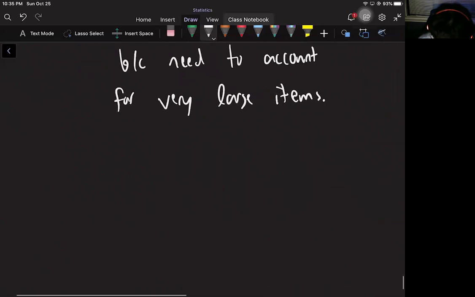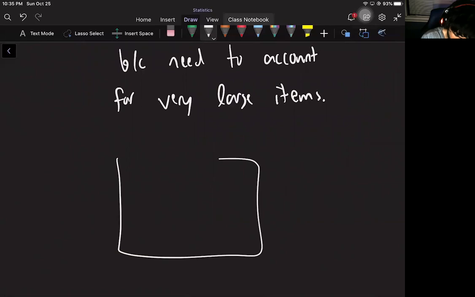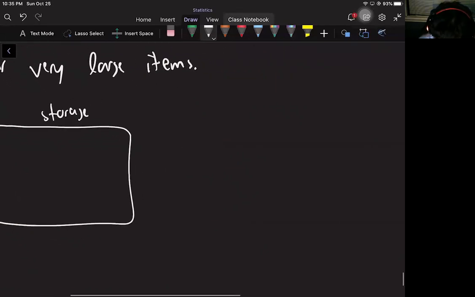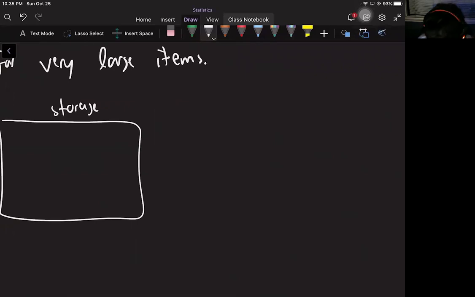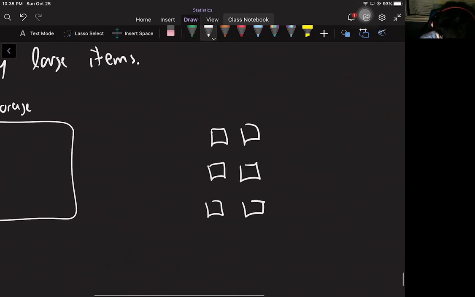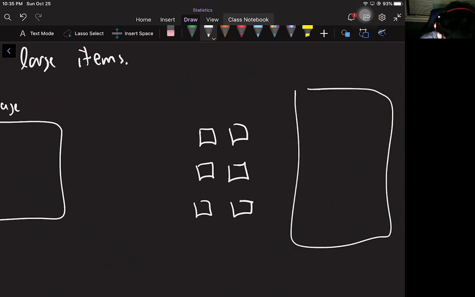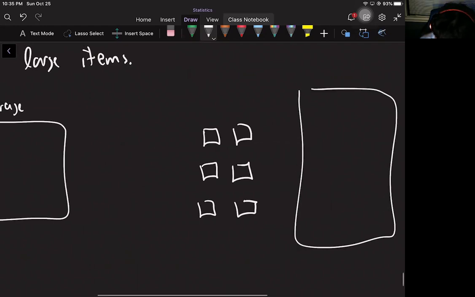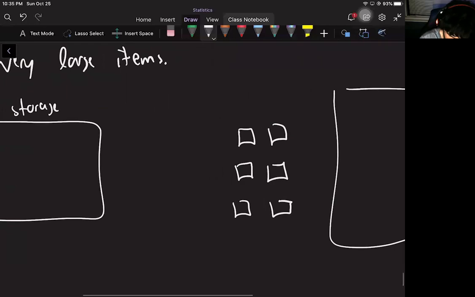So for example, I'll draw a little picture here. Okay, here's your storage unit. And you want to store all your stuff in there. So you want to know if it's going to fit. And so you have all these little cubes. I don't know, you have a bunch of cubes that you want to fit in there. But then you have this one massive cube. And you want to know, is all this stuff going to fit in your storage?